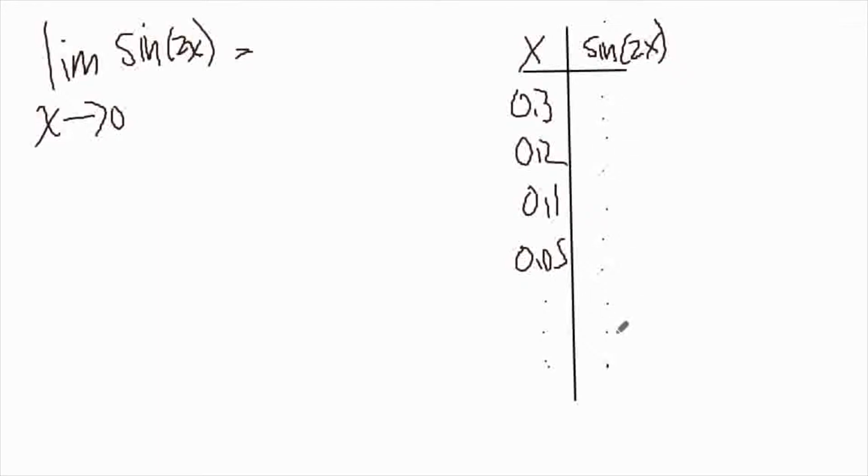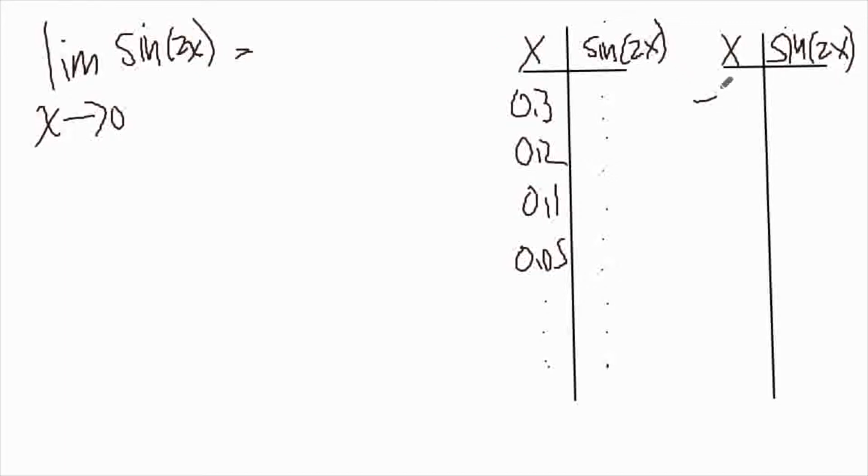By the way, you can also approach 0 from both sides, can't you? In this column, I've started with 0.3 and gone down from there. You could also start from negative 0.3 and go up from there. That's another way to approach 0, right?